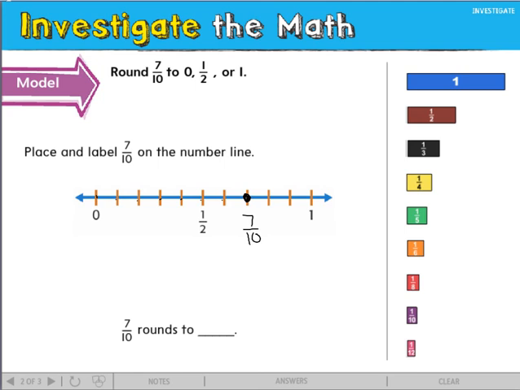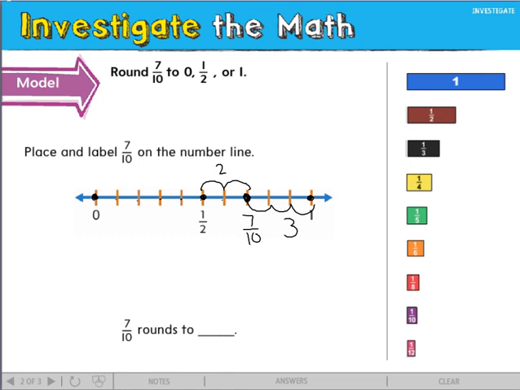Now what they want to know is, what is it closer to? Is it closer to 0, 1/2, or 1? What is the 7/10 closest to? Let's look. 1, 2. Okay? 1, 2, 3.